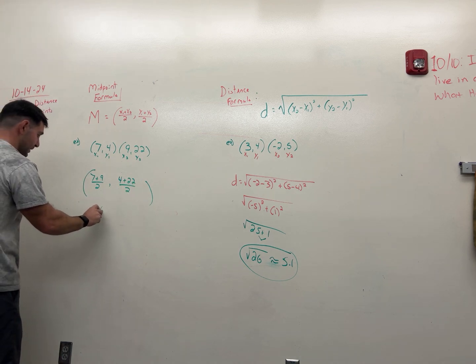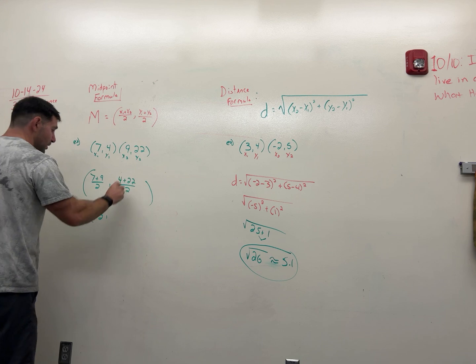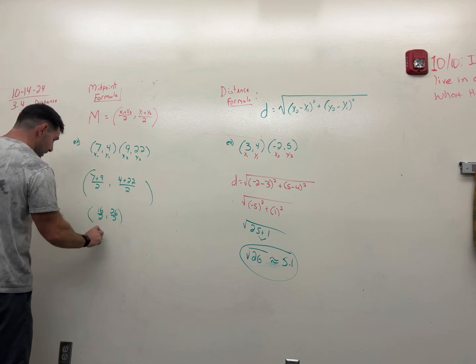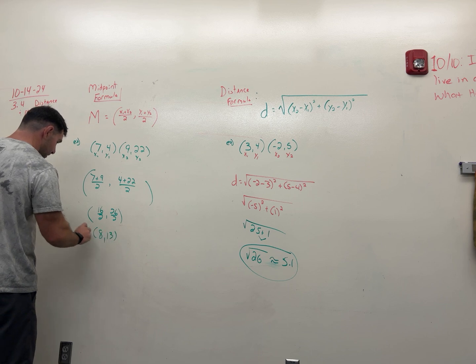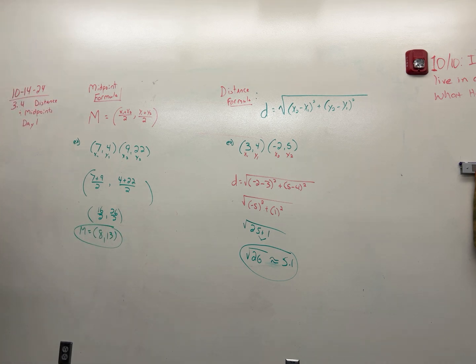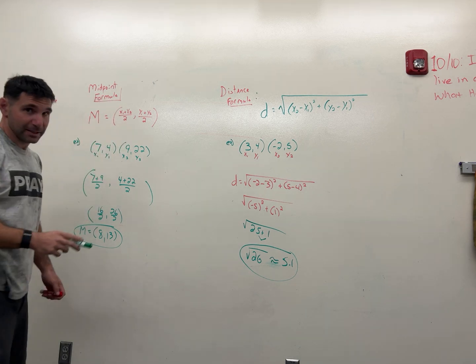That gives me 16 divided by 2, comma, 26 divided by 2. That gives me 8. That gives me 13. My midpoint is 8, comma, 13. Okay, that's the halfway point. All we're doing is substituting in.